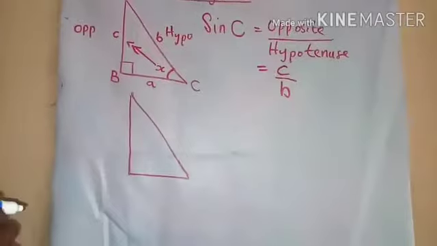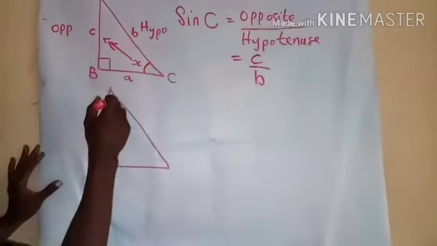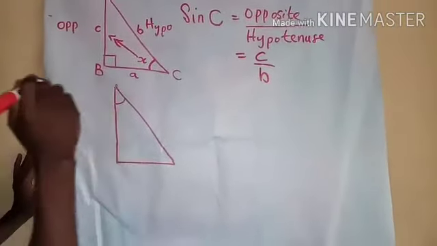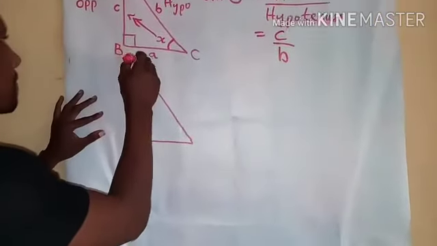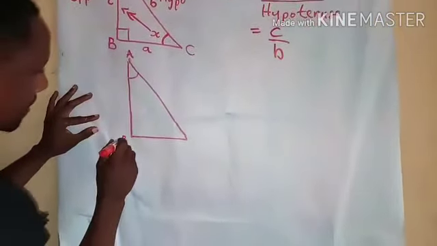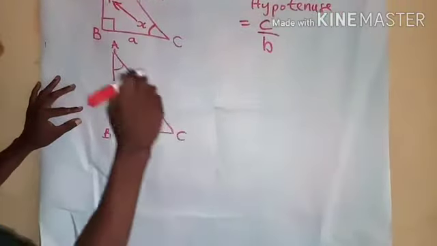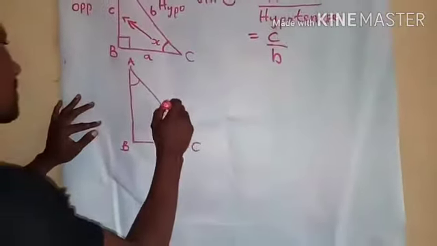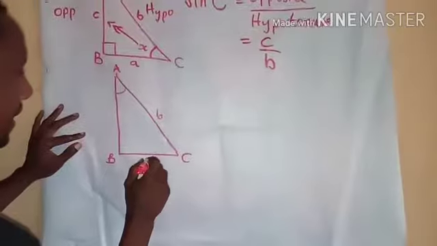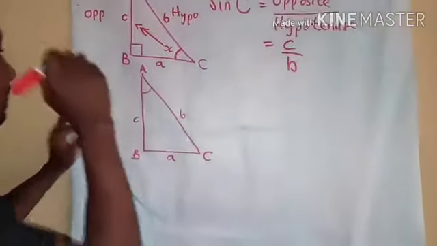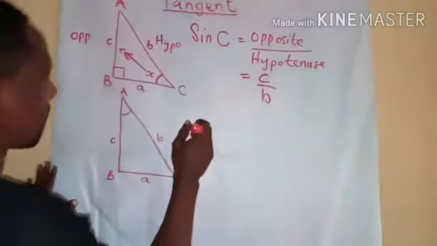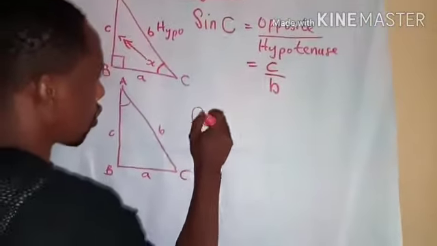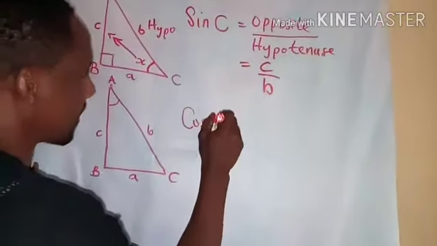Angles are always given. For example, if we are given this side, I'll still have A, B, C: side B, side A, and side C. Then we are looking for cos A.